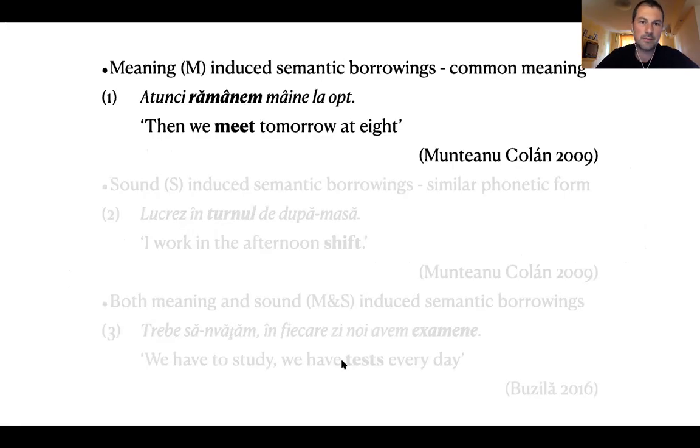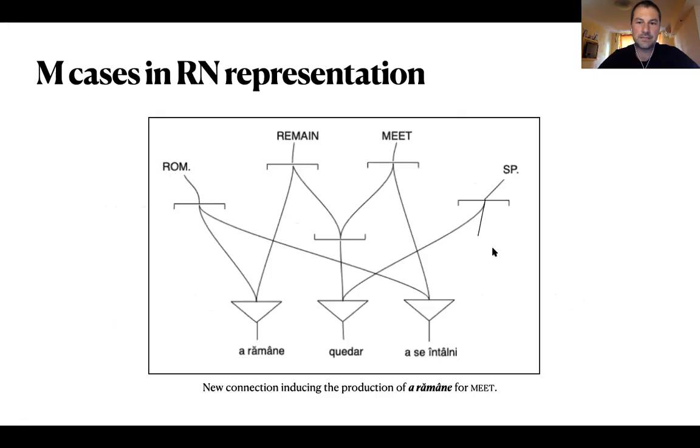So let's see how this can help us explain semantic borrowing. This is the first case I mentioned earlier, the use of the Romanian verb a rămâne with the meaning of to meet, although it does not have this meaning in Romanian, but its Spanish counterpart, quedar, does. So how does this happen? First, let's see how a relational account would represent a clear-cut system where the three lexemes involved are correctly produced each time.